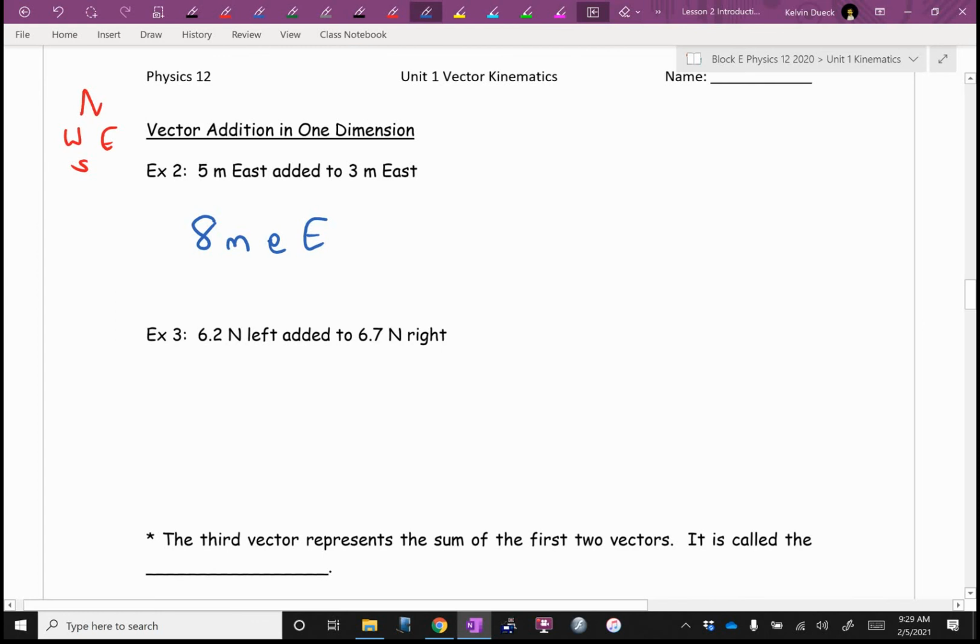Ooh, 6.2 newtons left to 6.7 newtons right. And last year we would have said, who's winning? The 6.7. Who's losing? The 6.2. And anyways, what's the magnitude? What's the net force of those two? 0.5.